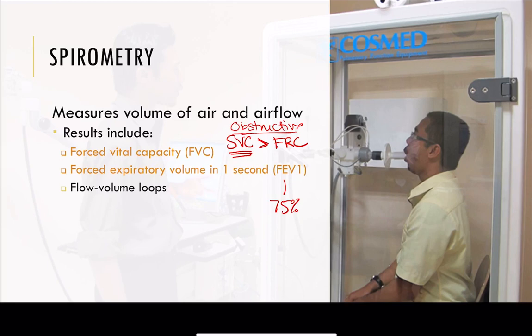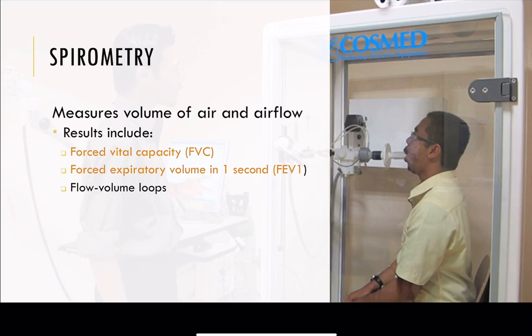And if it's less than 70, that is diagnostic for an obstructive disorder. And then as you can see in your notes, when you get below 25, that is a severe obstruction. So it's not abnormal to see patients with emphysema have an FEV1 around 40%. That is a typical finding in an obstructive lung disorder.